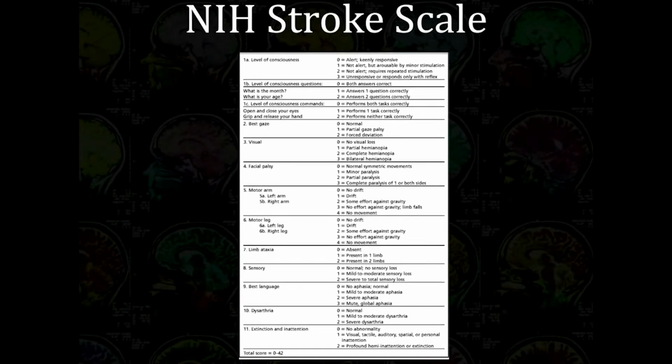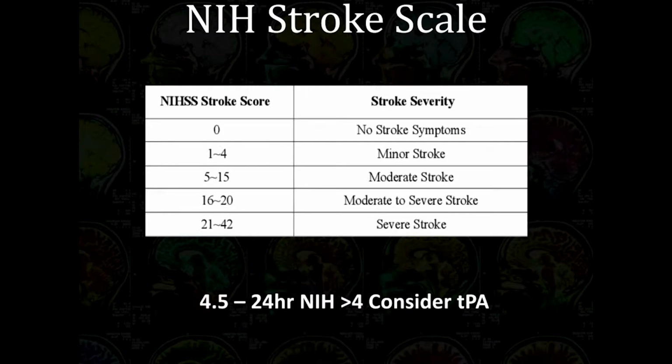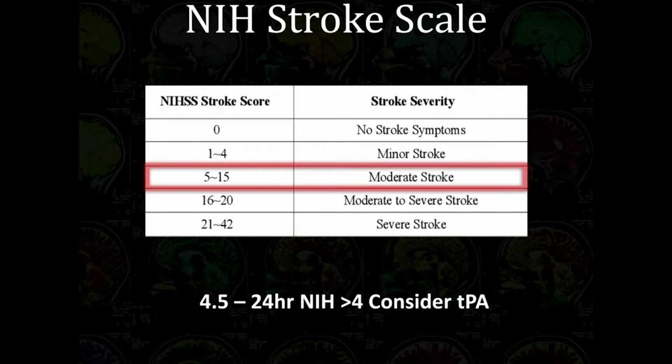So how do we evaluate the NIH stroke scale from a treatment standpoint? Anytime you have an NIH scale greater than 4, it is considered a moderate stroke. These patients, if they're within a window of 4.5 to 24 hours, you can still consider TPA. And that's why it's always important from a pre-hospital or emergency room standpoint to identify when the patient was last normal.